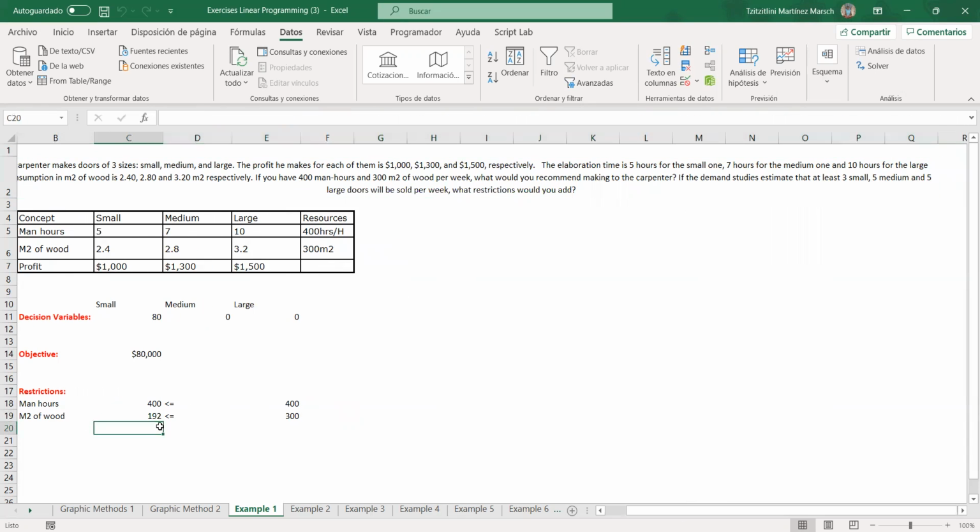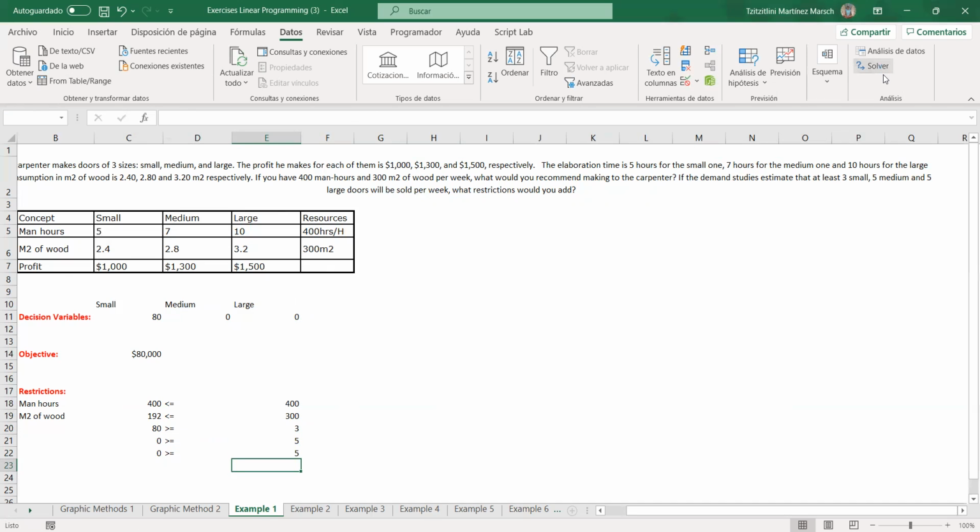So I need to make sure that the small is greater than or equal to 3. And this number right here for the medium should be greater than or equal to 5. Why is it greater than? Because I can make more than the 5 doors, but I cannot make less, because that's what my demand is telling me. And that's going to be 5.